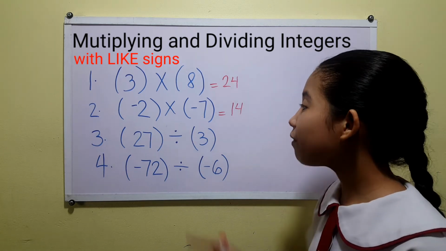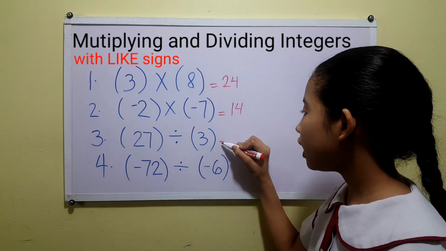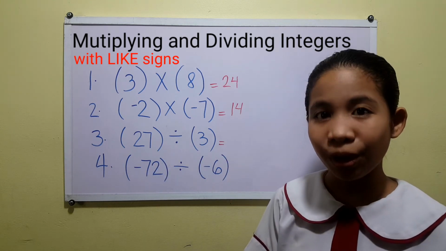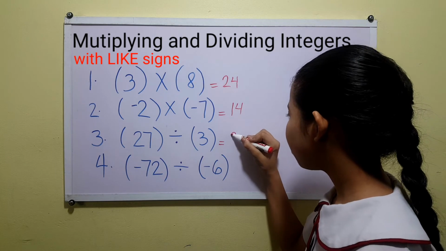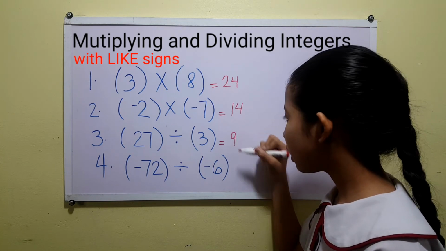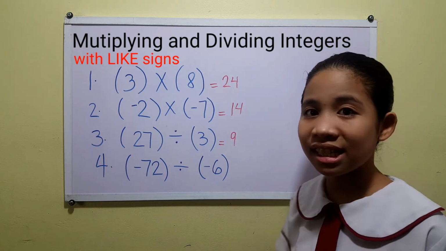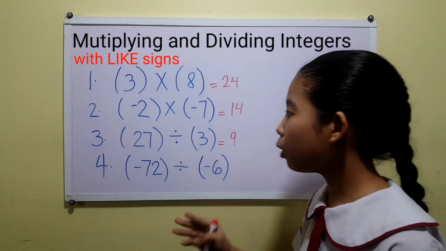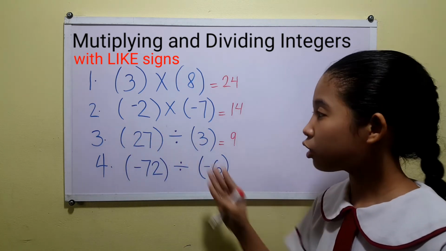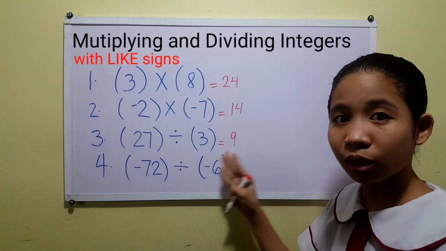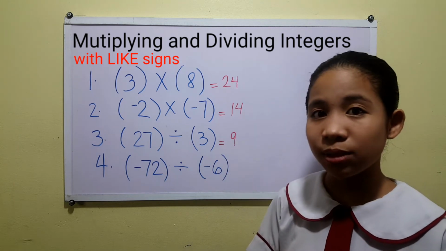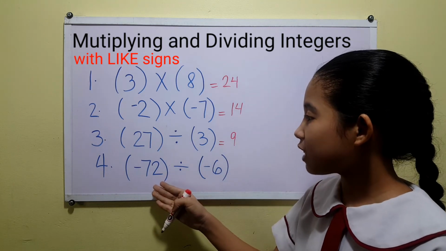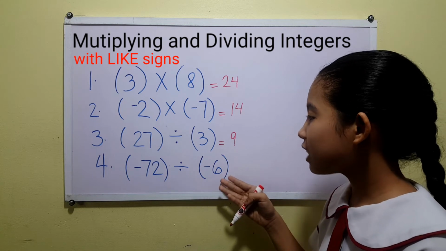Next, we have 27 divided by 3 is equal to 9. All we had to do there was simple division since both were positive. So positive divided by positive is equal to positive. Next, we have negative 72 divided by negative 6.